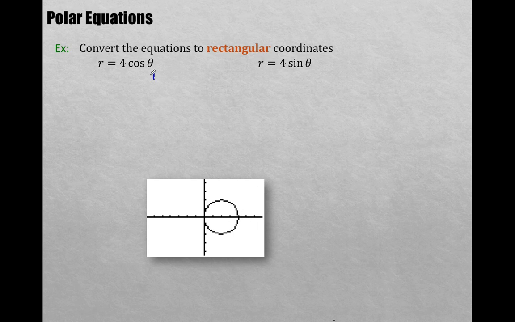When theta is 0, I'm at the point 4 comma 0. Hit trace now and trace around. What's cosine of pi over 2? Cosine of pi over 2 is 0. What's 4 times 0? 0. So your radius is going to shrink from 4 to a radius of 0 as you rotate.